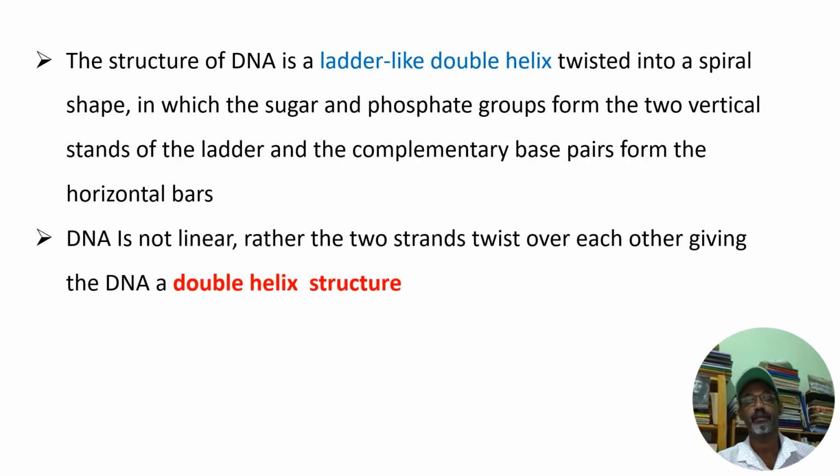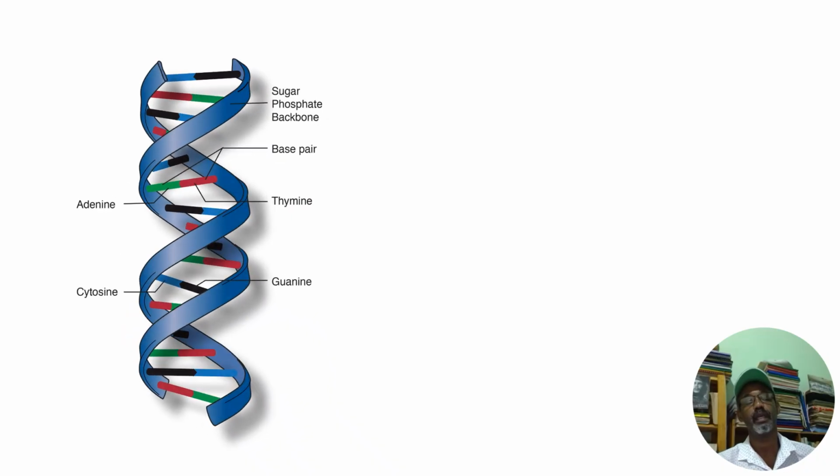Therefore, DNA is not linear. Rather, the two strands twist over each other, giving the DNA a double helix structure, as you observe here. Double helix means you see the blue lines twisting. The backbone of the DNA, or the poles, are made from phosphate and sugar. The sugar is deoxyribose sugar in this case.